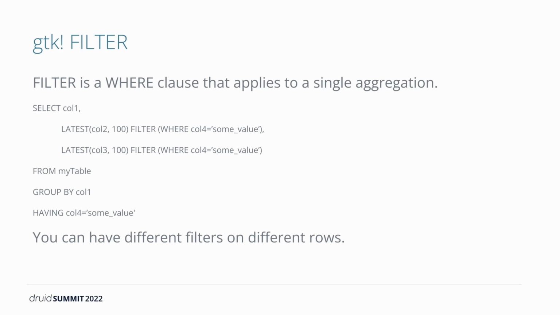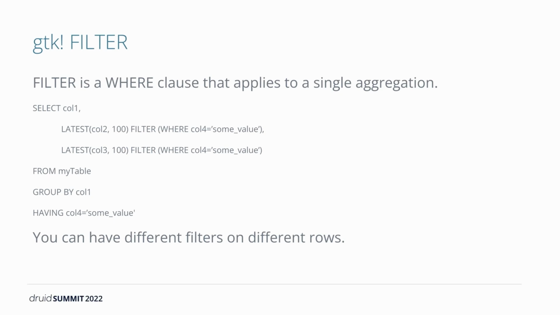It could be a sum, it could be other things, but I only want to consider the values where something is true when I'm taking my sum or my average or whatever I'm taking. And it can be different for different columns. So it has great flexibility and is super helpful. You don't need to have these wheres down below in your main where clause. Maybe you only want them in a particular place in the query.